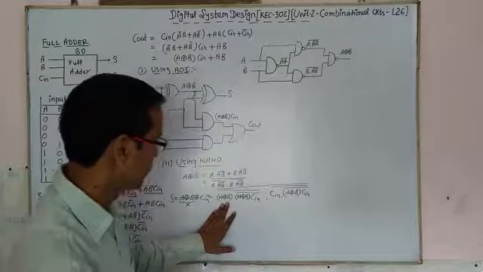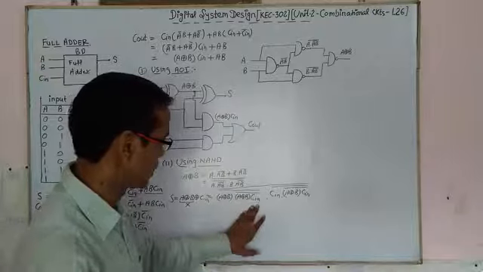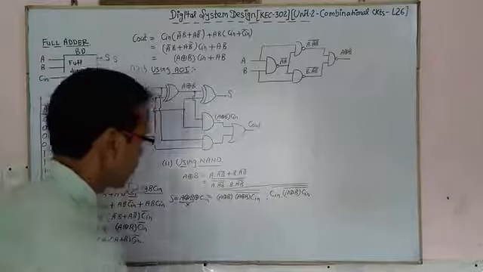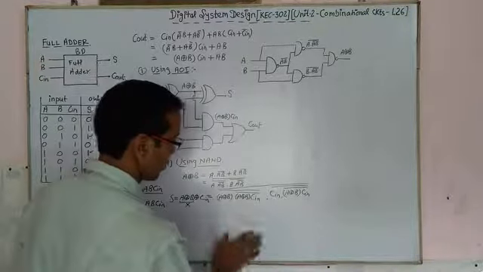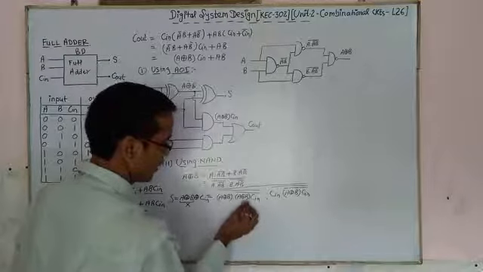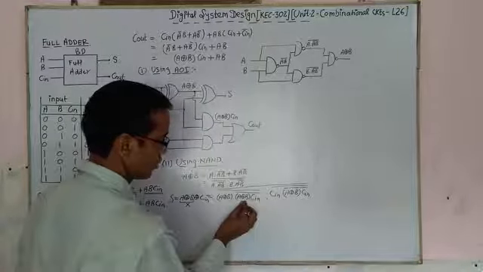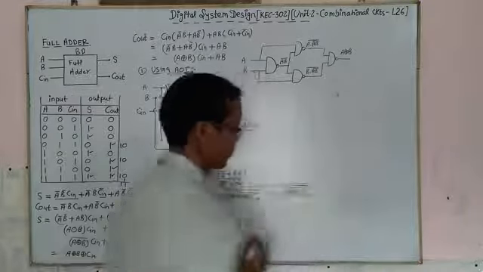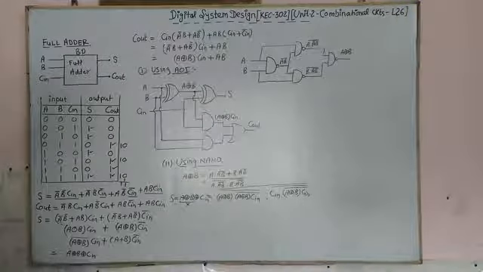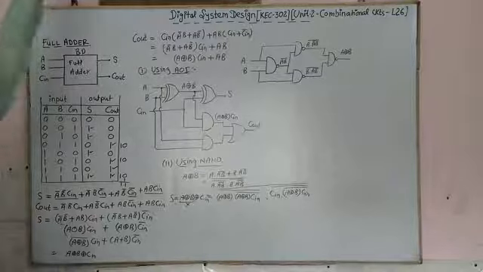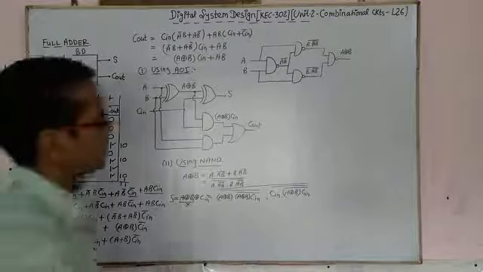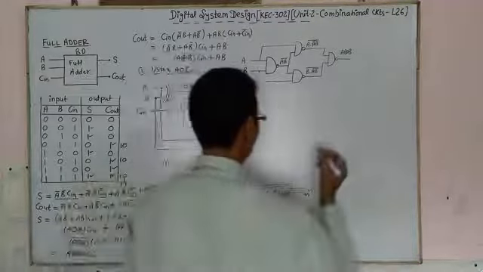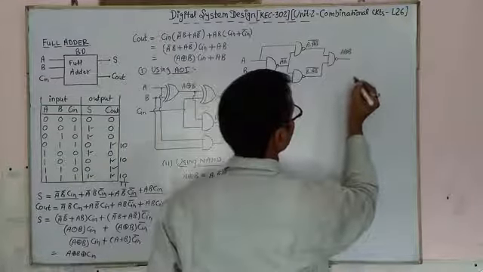Now what will we do? A XOR B, Cin. So now you can understand we have to multiply A XOR B and Cin. Suppose we take one NAND gate.